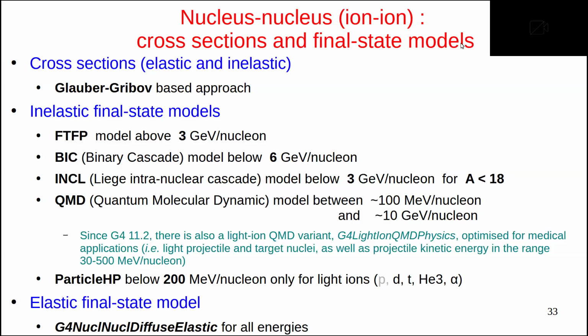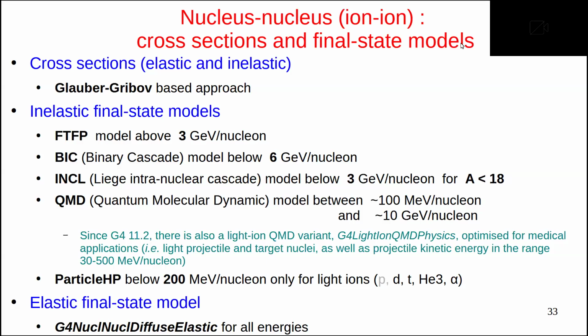Then we have another intranuclear cascade model called Liège, INCL, which is used below 3 GeV per nucleon, but not for all nuclei, only for nuclei with mass number below 18. And then there is a quite different model, QMD, the quantum molecular dynamics model, which is used between 100 MeV per nucleon and 10 GeV per nucleon.